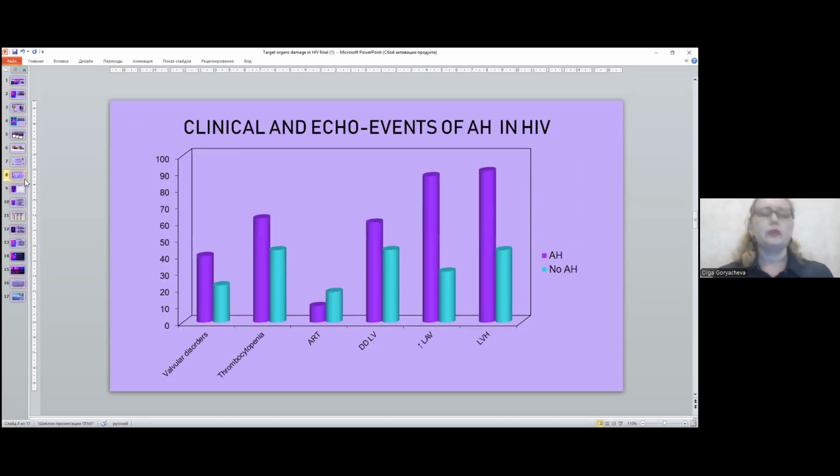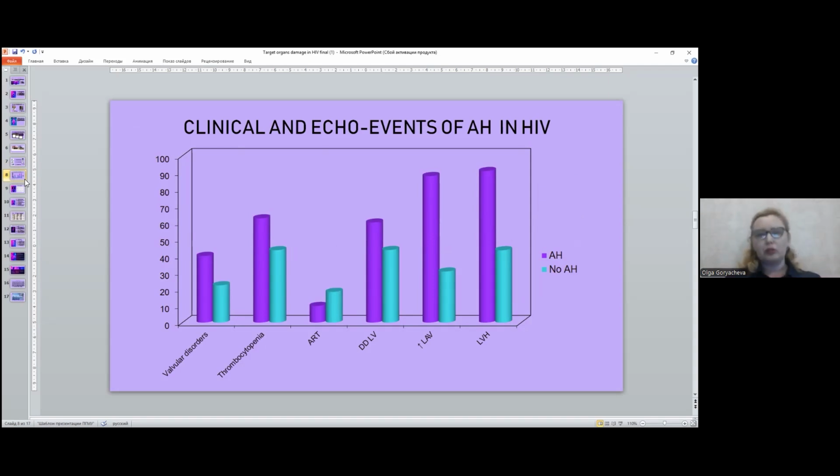A lot of the data I got was published in an article in a Scopus journal about this work. The main findings I demonstrate today in this report. Clinical and echo features of arterial hypertension in HIV, which you can see in comparison with patients without arterial hypertension.